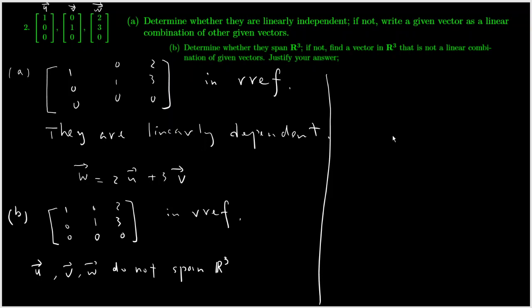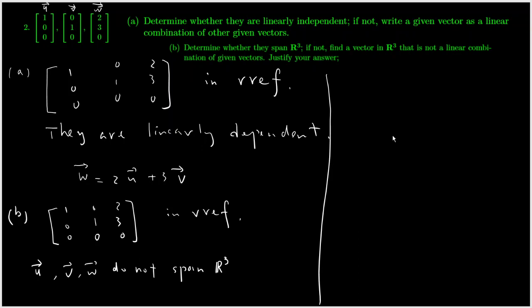I mean at least one of i, j, and k will work. In this case, you just told me 0 0 1. Actually, the vector k will work. You have to show that. Justify the answer.